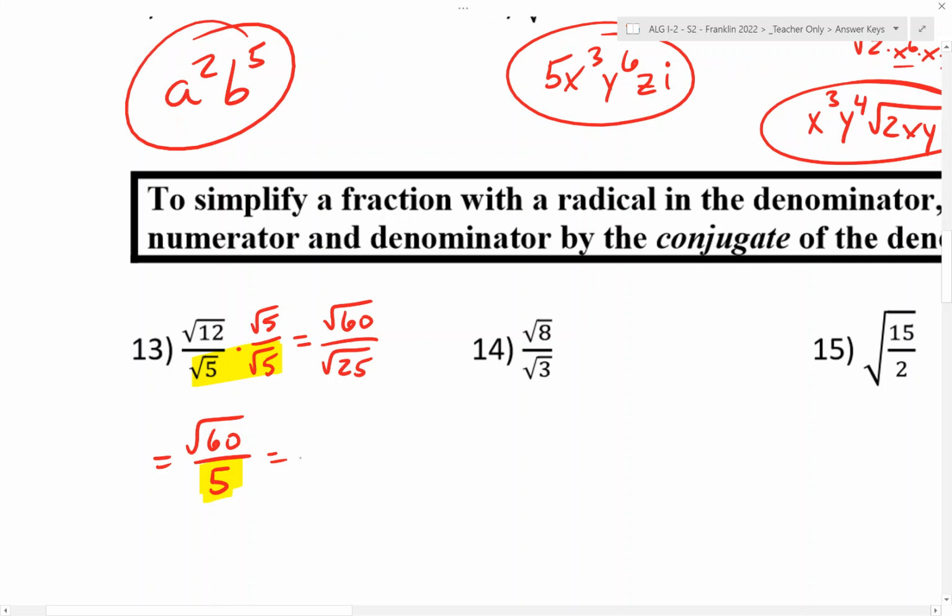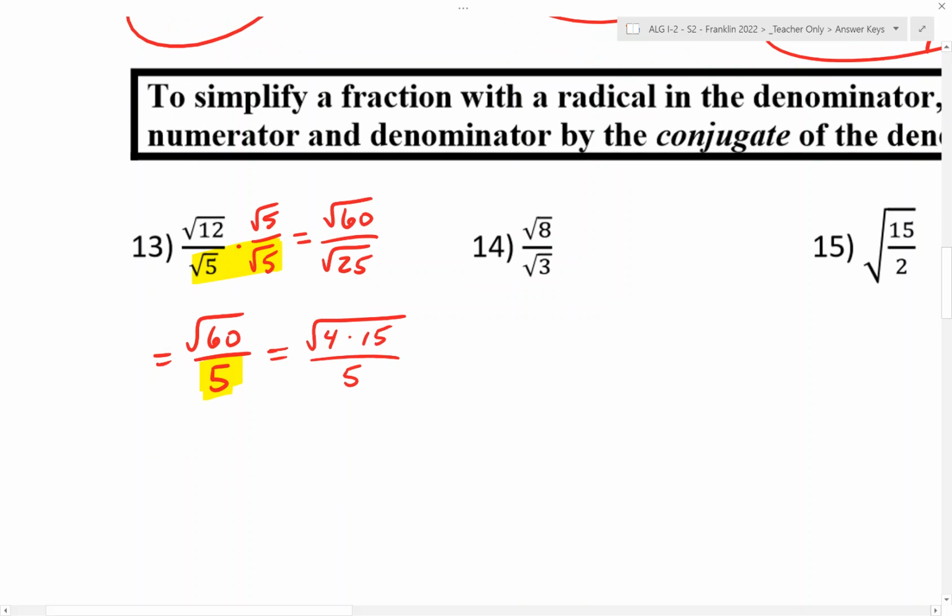And now 60 can be written as 4 times 15, because 4 is a perfect square. And so the simplest form is 2 times the square root of 15 all over 5. And this is a nicer fraction because it doesn't have the radical symbol in the denominator.